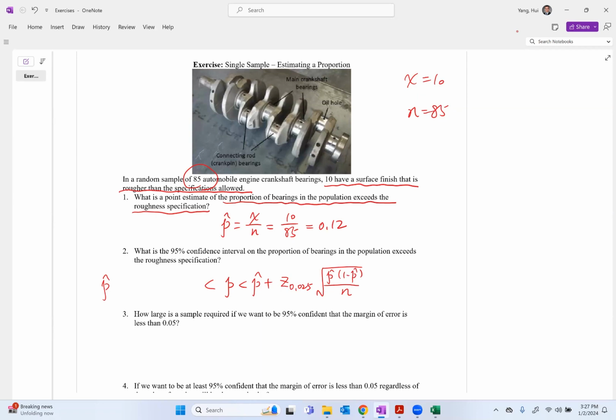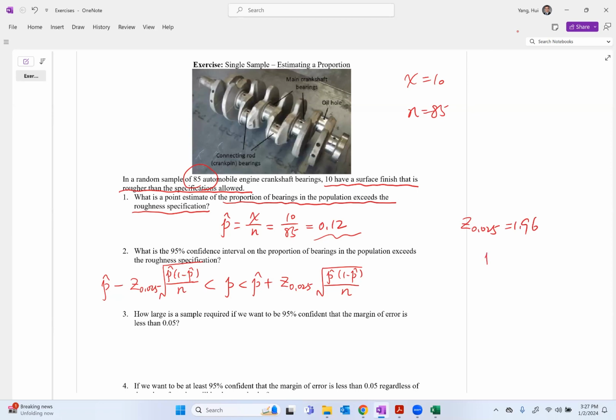and then P is greater than P hat minus Z 0.025 times the square root of P hat times 1 minus P hat over n. So we know the P hat is 0.12 and Z 0.025 is 1.96.